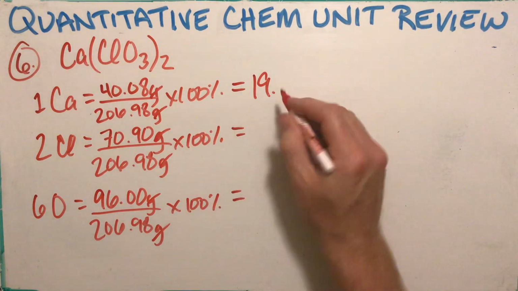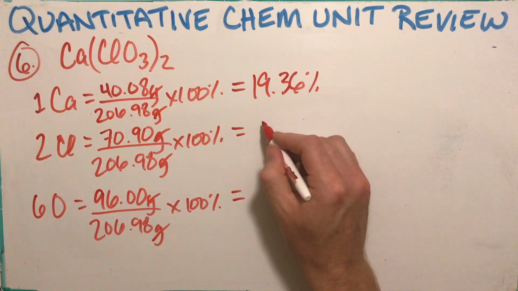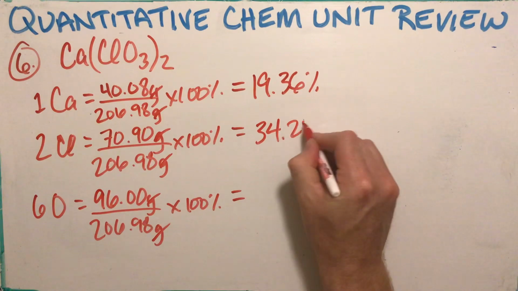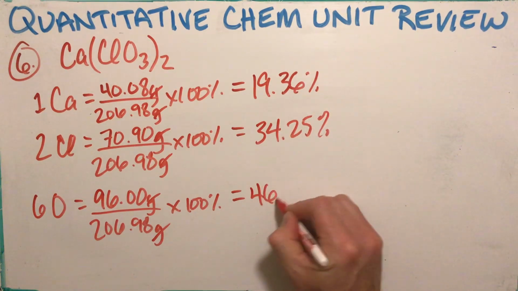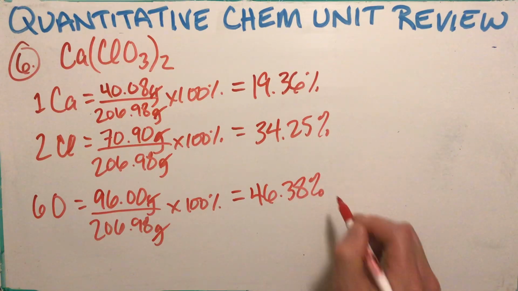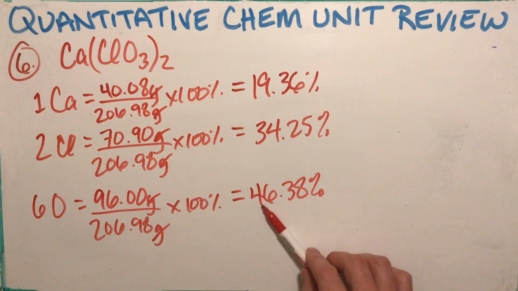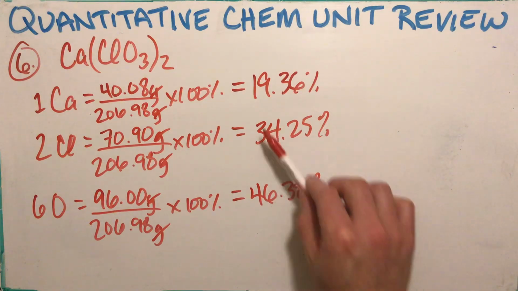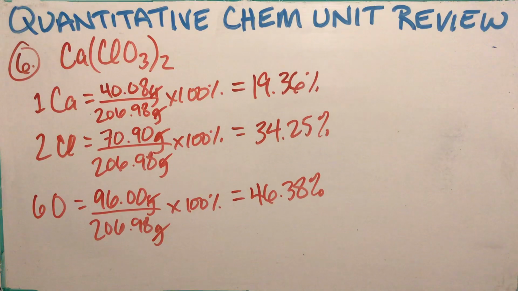So I'll just be left with the percents. This one is 19.36%, 34.25%, and 46.38%. And if I add those up very quickly, I end up with 100, so we are good with that. All right, no worries.